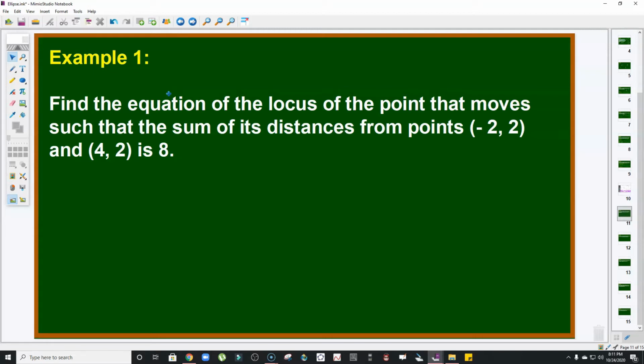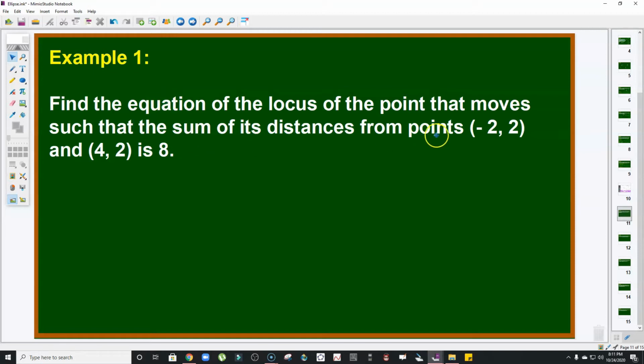Actually, if you're familiar, what we're looking at here is the equation of the ellipse. Again, the definition of the ellipse is the locus of the point that moves such that the sum of its distances from two fixed points is constant.